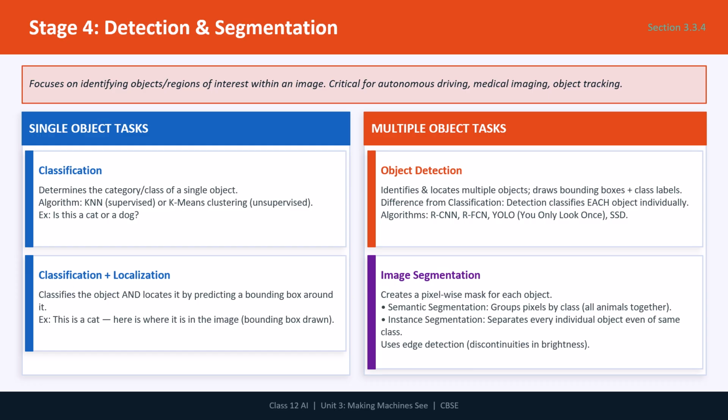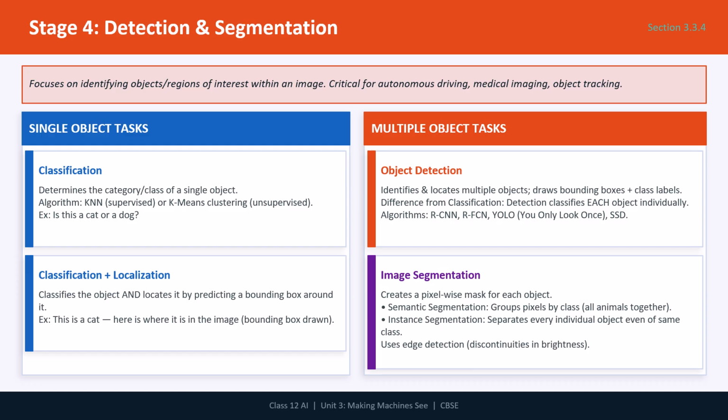Single object tasks: classification simply tells you what the object is. Is this a cat or a dog? Just the class label. The algorithm used can be KNN for supervised classification or K-means for unsupervised classification. Classification plus localization gives you the class and draws a bounding box around it. This is a cat and it is located right here in the image.